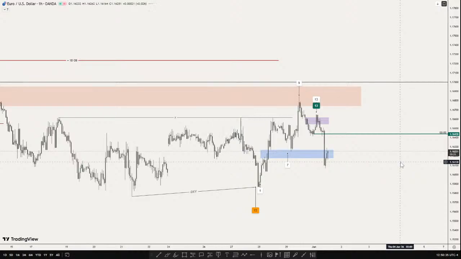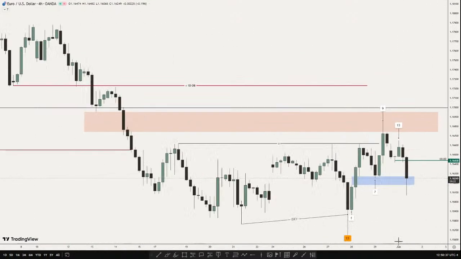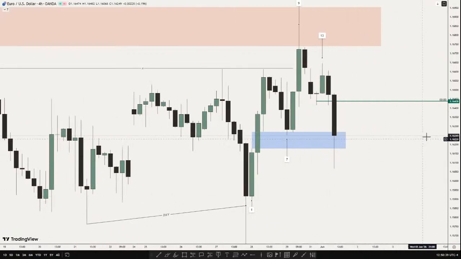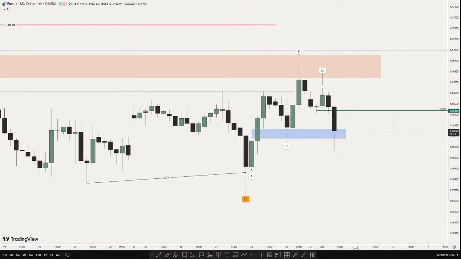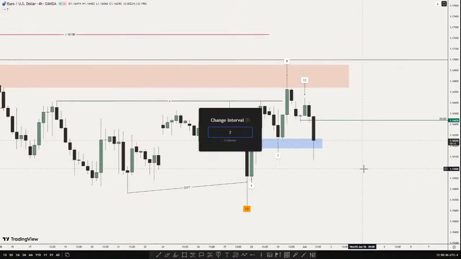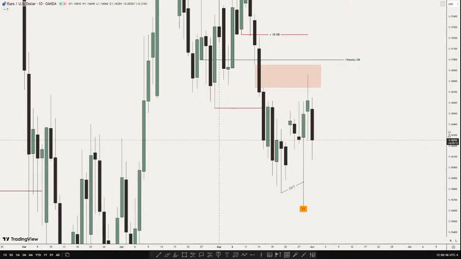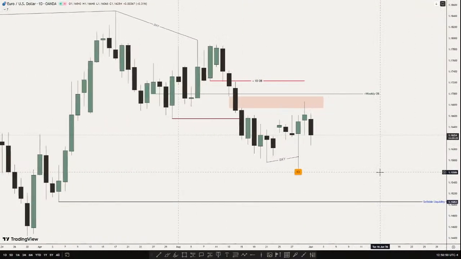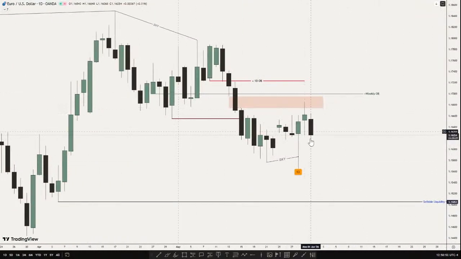So for tomorrow, I will be looking at the next day, what we can expect from the next day. Let's see. I would still expect price to continue down since we have a good closure and then we have a good volume here.